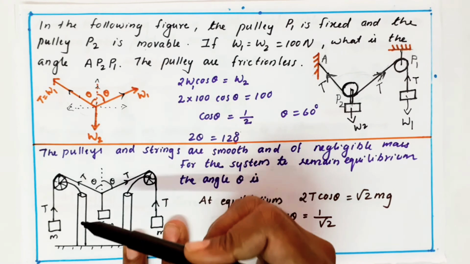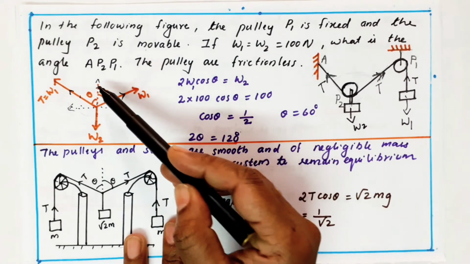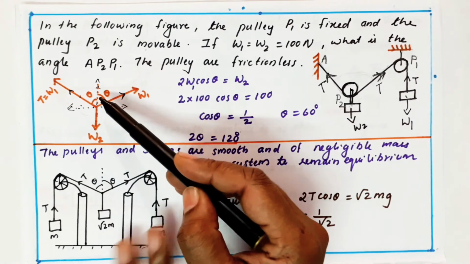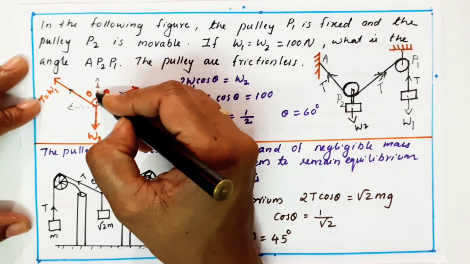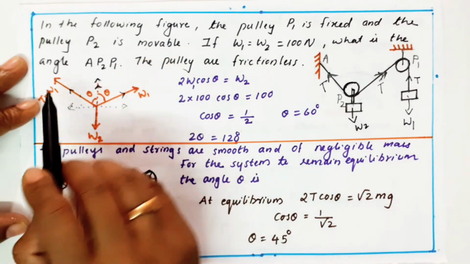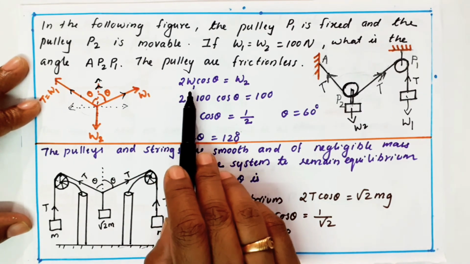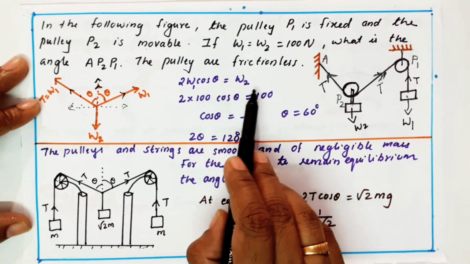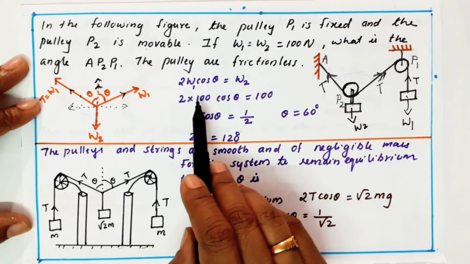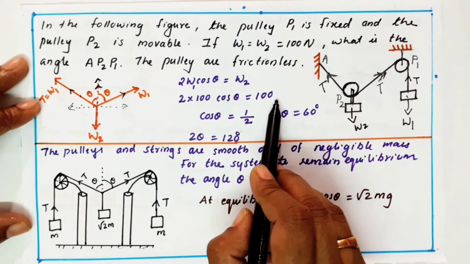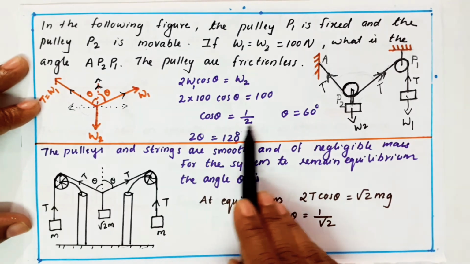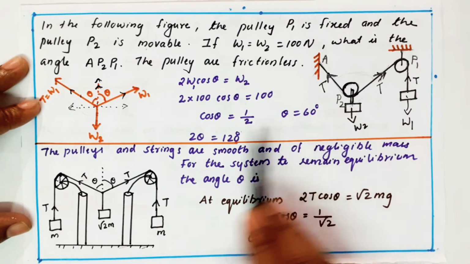Only cos theta remains. So this W2 is balanced with this opposite component, and two are there: one due to this side, one due to this side. That's the reason I have written 2 W1 cos theta equals W2. That is 2 into 100 into cos theta, W2 is 100. That is cos theta equals 1 by 2, theta equals 60 degrees.